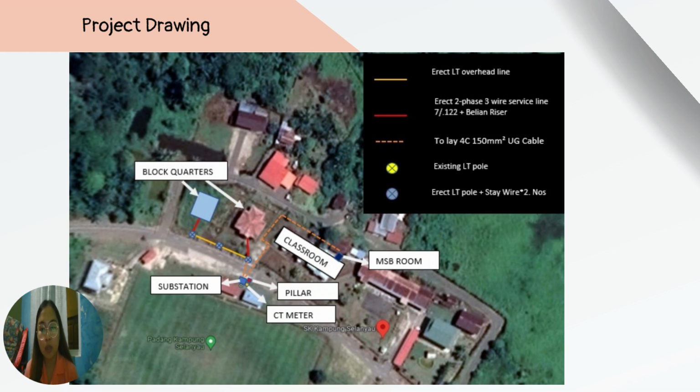From the new pole, it will be connected by service cable to the other two poles, and then to the two blocks of quarters by using service line, which is 7/1.2. And from the substation or transformer, it will be connected by using UG cable to the MSB room, which is main switchboard room, to supply the current to the classroom.